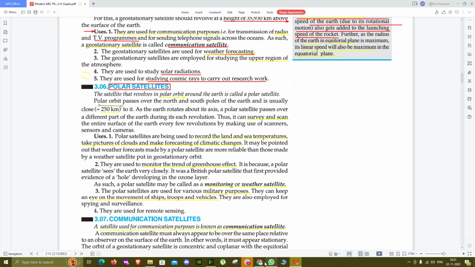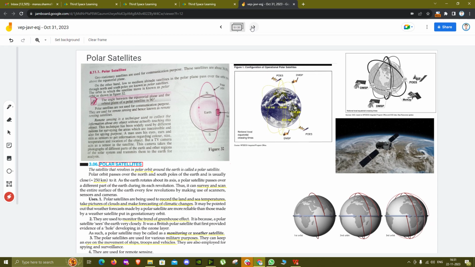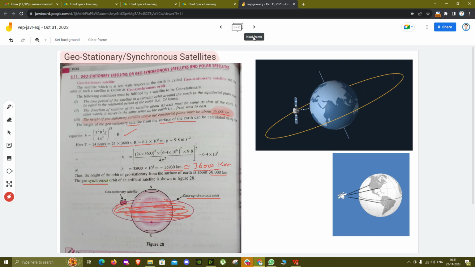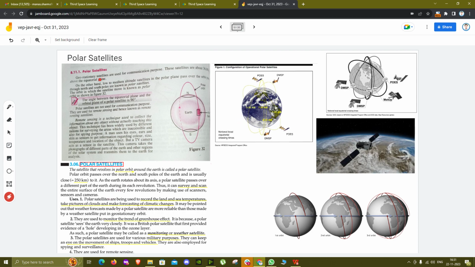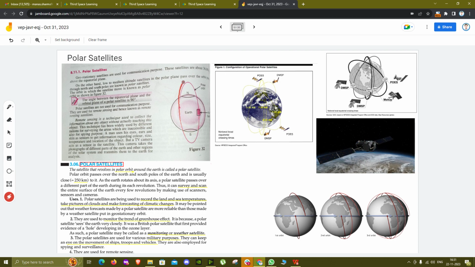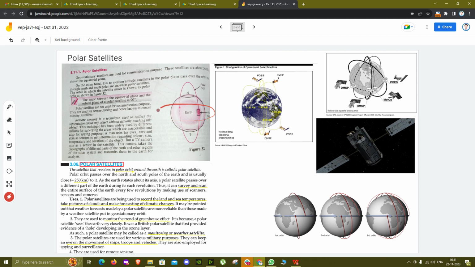Here let me show you through the picture. Look, the polar satellite. They revolve around the north and south poles of the earth rather than the equatorial plane.